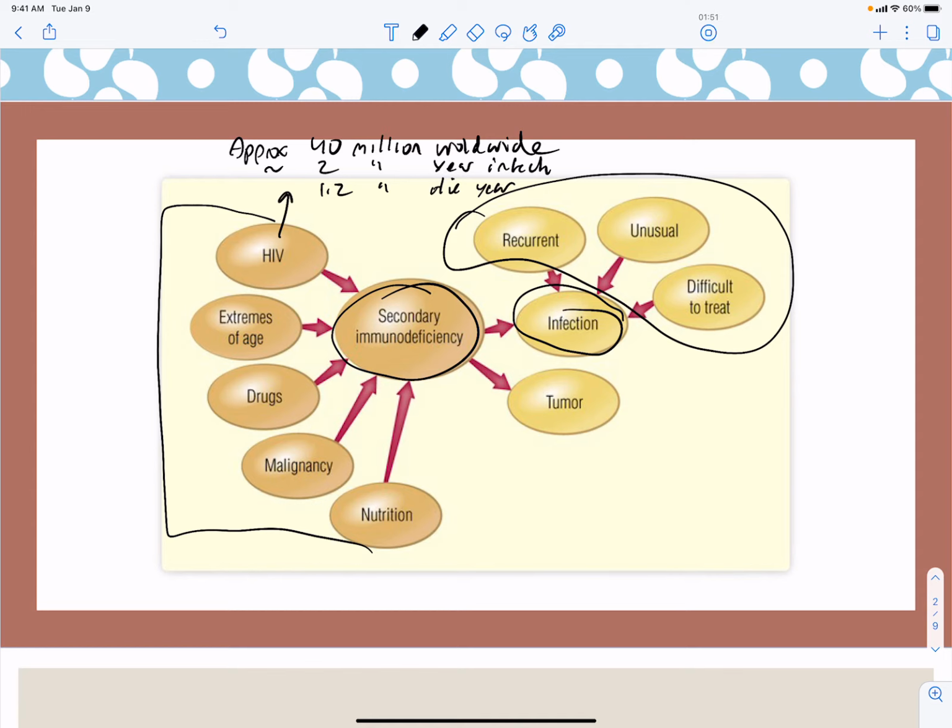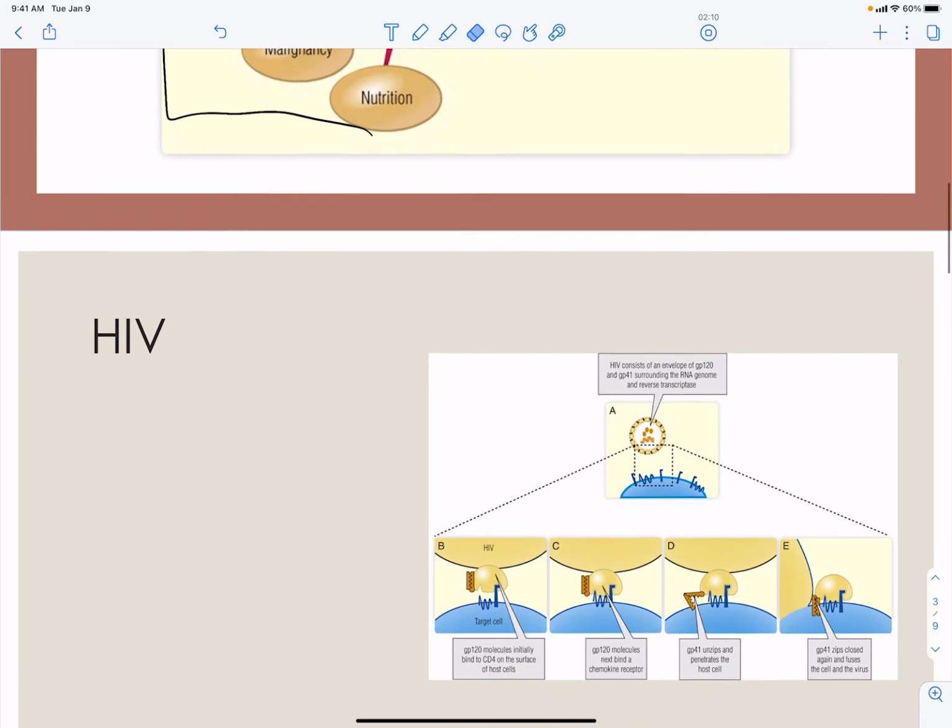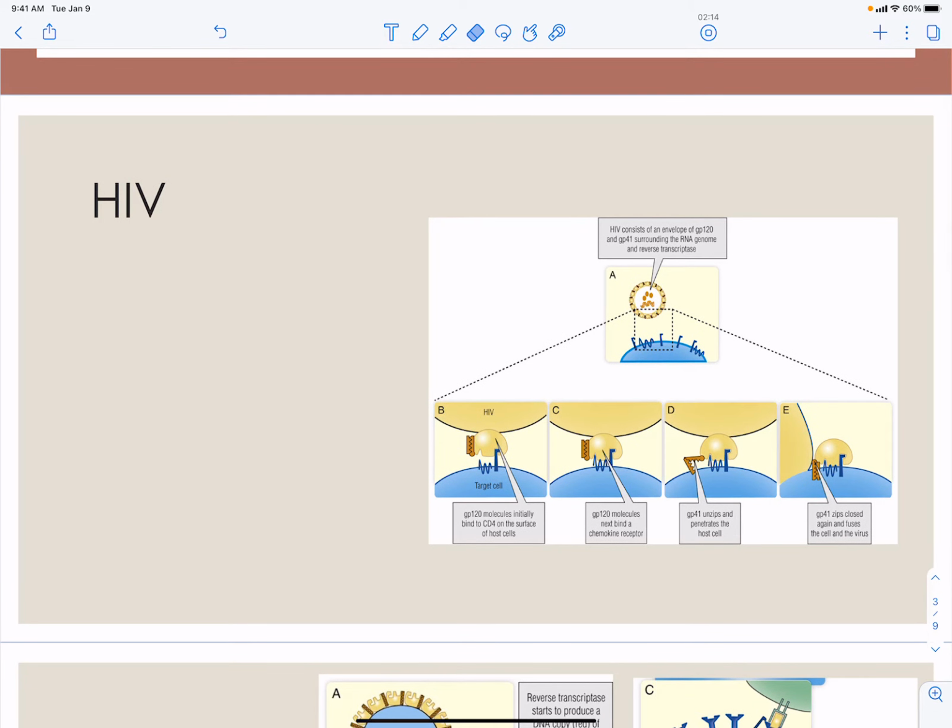Now, this, of course, HIV is a chronic infection. So not everybody who is infected will die during that year. This is very different than an acute type of infection. But it is still a high burden on the world population. And so we're going to take some time to talk about HIV with respect to immunodeficiency.